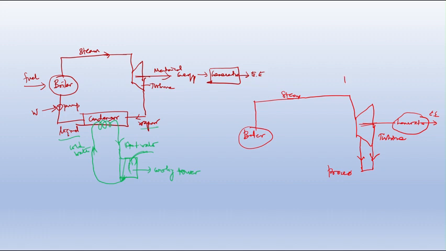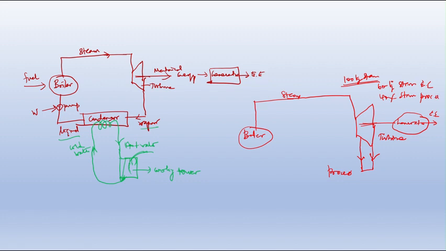Here 100 kg of steam is coming. Of the 100 kg of steam, 60% goes to run the turbine and produce electrical energy, and 40% is for process applications.